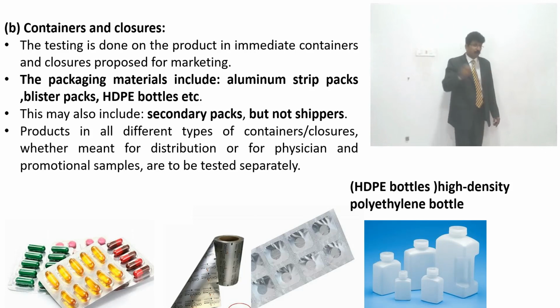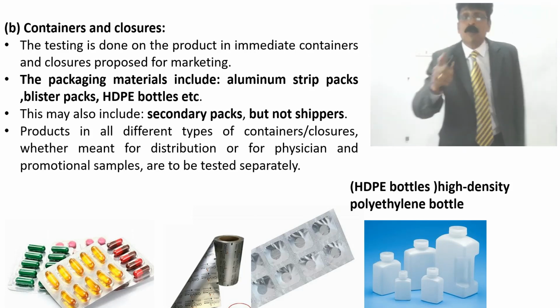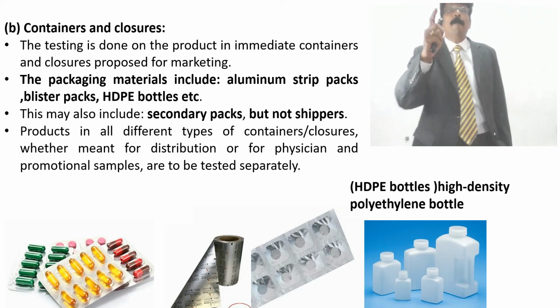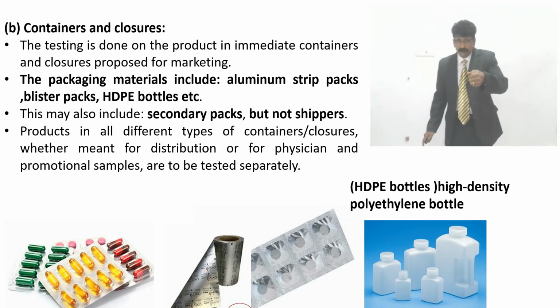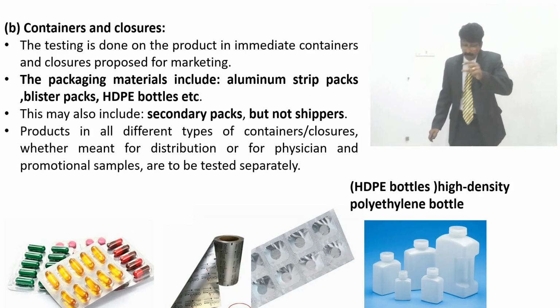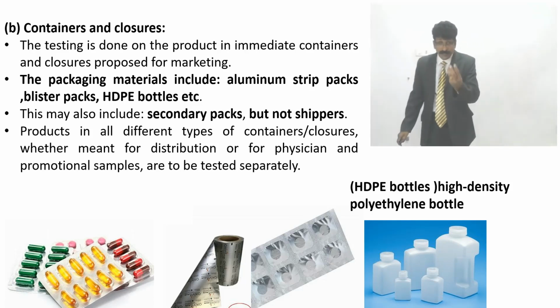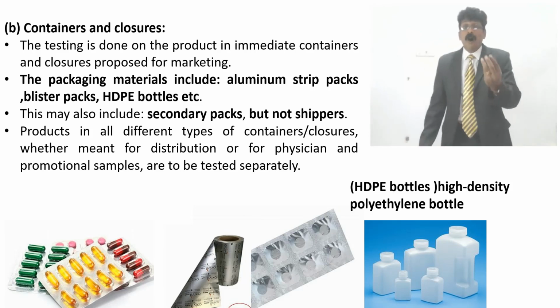So there are many quality control tests even for packing materials. Even when you keep a rubber cork for a vial, an aluminium seal for eye drops, or a cotton pack, or a bottle which is coming for eye drops, ear drops, they all will be checked.